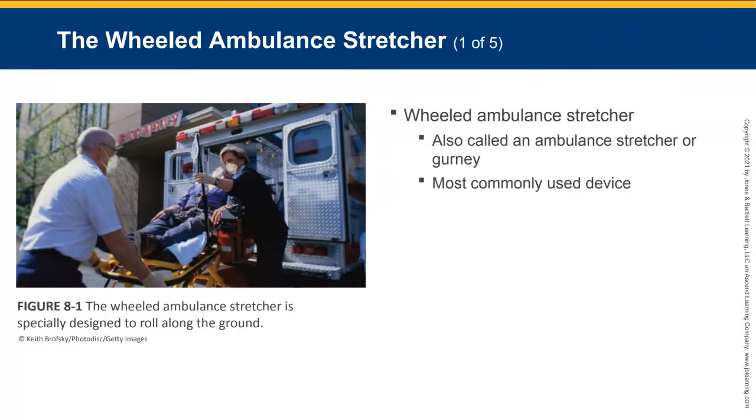So it's very important equipment. You must know the different types of wheeled ambulance stretcher. You must know the different components of it. You must know how it operates, and you must check it and ensure that it's in good working order. It's very important that you know every piece of equipment on the ambulance and how it functions, so that when the time comes, you will know exactly what to do.